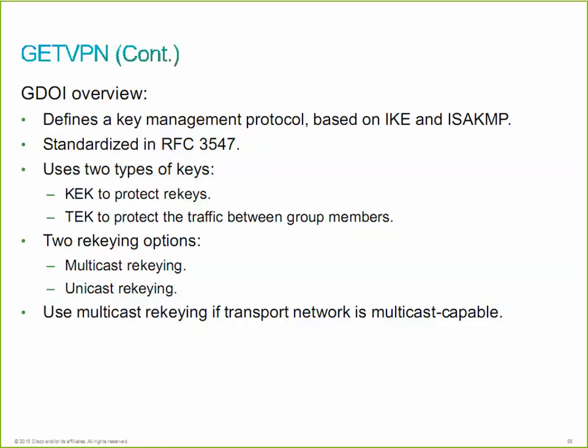In a GDOI-based VPN, which is a GETVPN, all of the group members use the same set of session keys to protect that network traffic. So we're not generating a whole bunch of different keys. We're not having to configure a whole bunch of different keys for protection, if that makes sense. Okay?